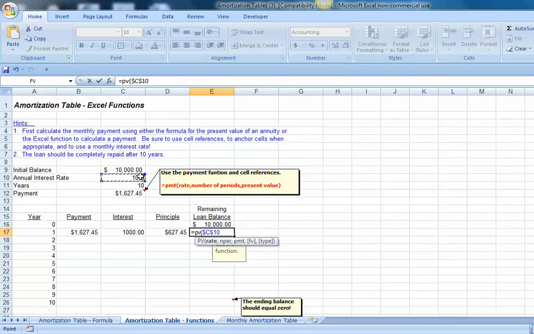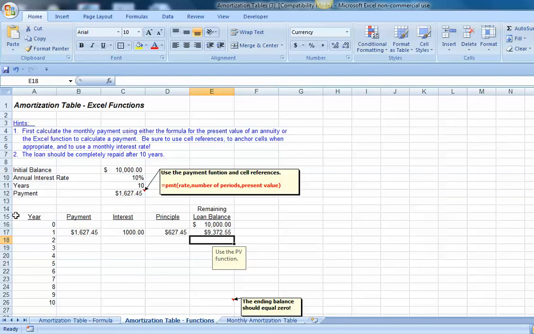Now, the number of periods on our loan, after the first year, we have 9 periods left. So what we can do is take our initial loan term of 10 years, anchor it, and simply subtract off 1 for the number of periods. And then our payment, enter in negative, and we're always going to have the same 1627.45, so we will anchor that. And we can close parentheses.